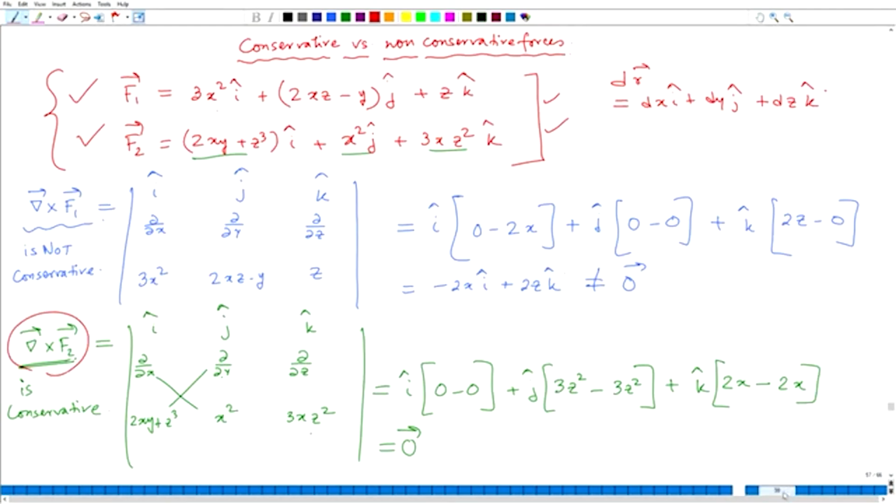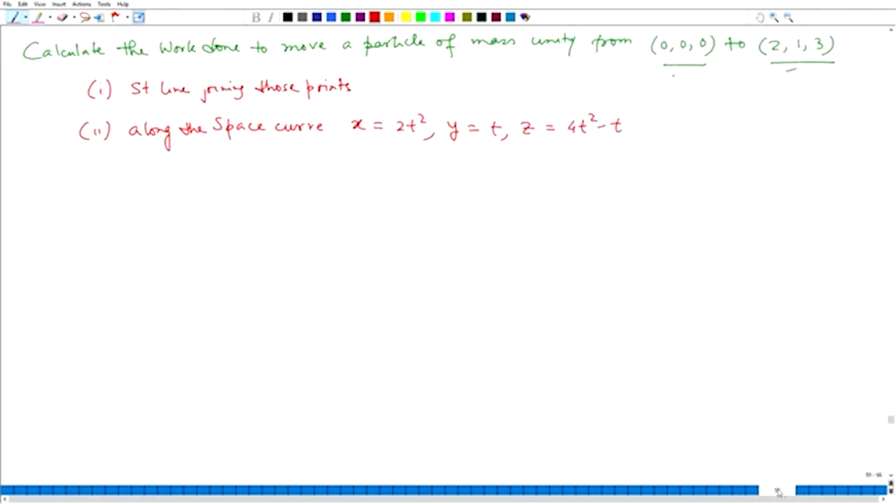If this one is a curl-less field, basically we can immediately calculate the F dot dr. So, F dot dr, and that will be, for example, from this point 0 0 0 to 2 1 3. Okay.